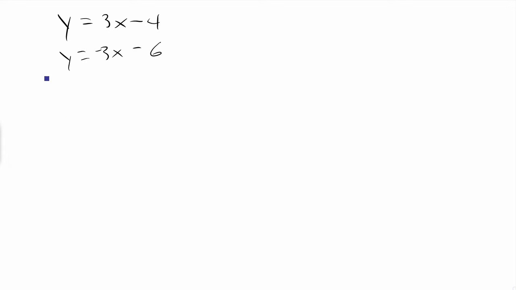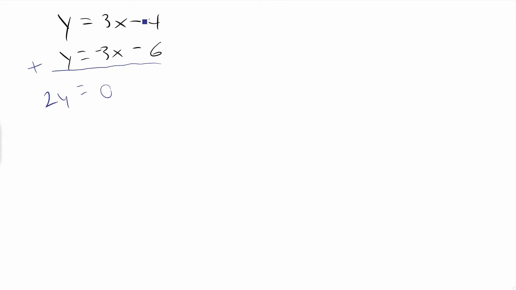This next problem sets up well for elimination too. You notice this one is not set up the same, but I have a y on both of them. I have a y on one side and the x on the other side of the equal sign. When I add this up, y plus y is 2y equals, and positive 3x plus negative 3x is going to be 0, and then 4 plus negative 6.